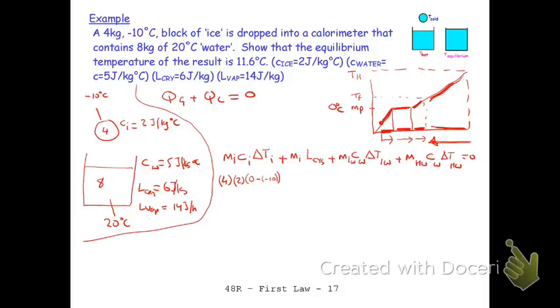So I have the mass of the ice, the specific heat for the ice, and then the final temperature of the ice. It doesn't go above 0 degrees. Minus the initial temperature of the ice, and it's minus 10. So there's a negative there. Okay, I can deal with that. I'm going to do it vertically because I get a bit more space that way. Added to the mass of the ice, which is 4, times the latent heat of crystallization, which is 6. That's that second one done.